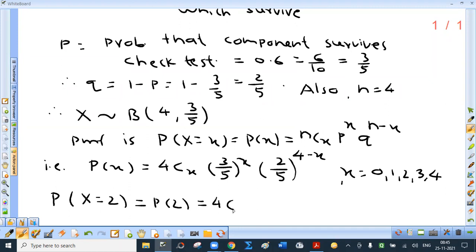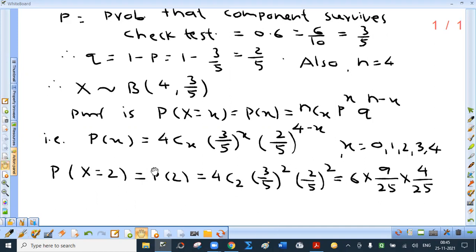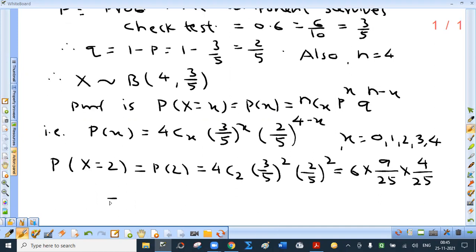So it is 4C2 (3 upon 5) square into (2 upon 5) again square. 4C2 is what? 4C2 is 6. Then (3 upon 5) square is 9 by 25 into 4 by 25. Simplify this.